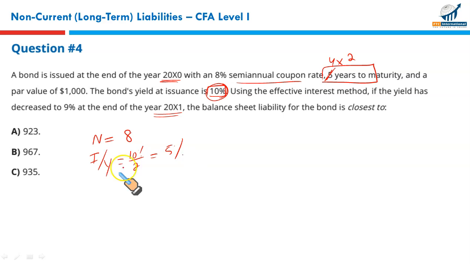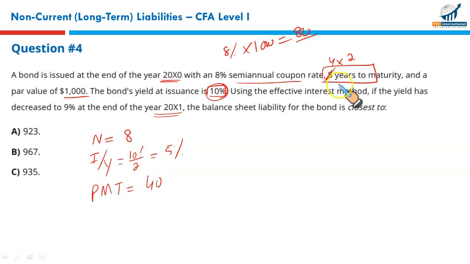Right? What is the interest payment? Called PMT in the financial calculator. Interest is paid at the coupon 8% multiplied by the original par 1000, that is 80. Since it is a semi-annual coupon, this 80 will be split in 2 parts. 40 will be paid in the first 6 months and 40 after the next 6 months. So the payment is 40.